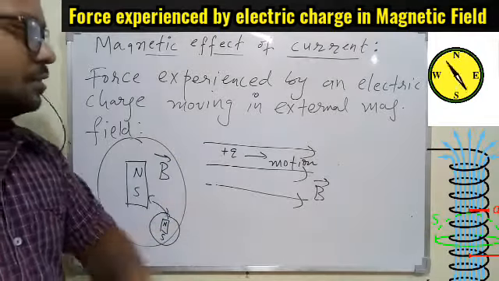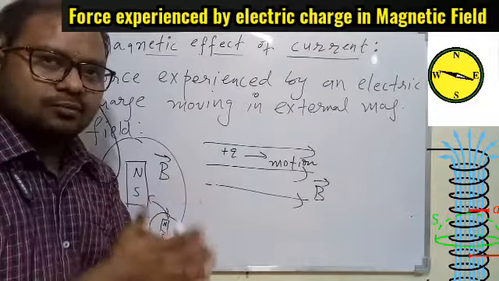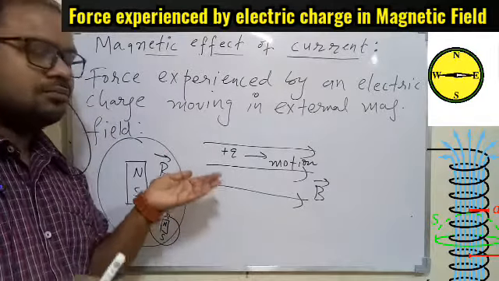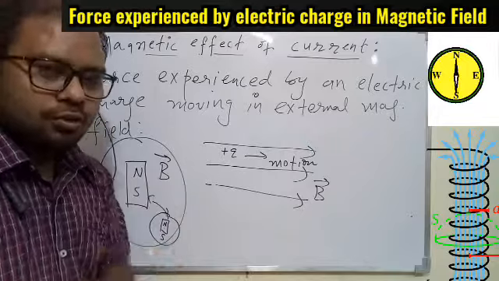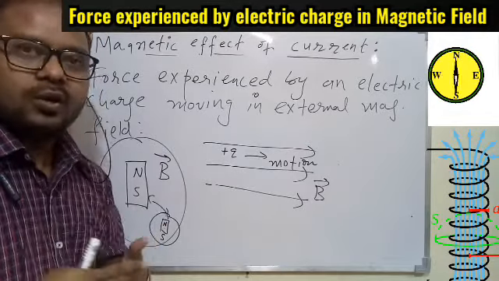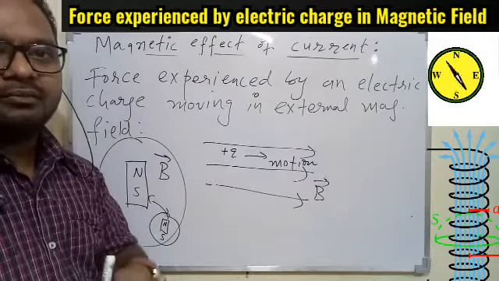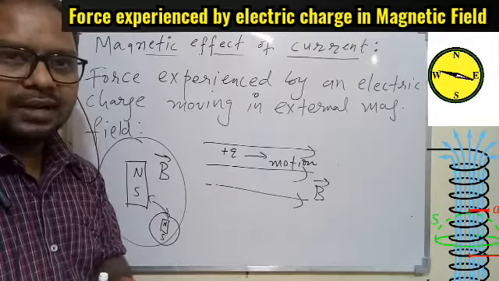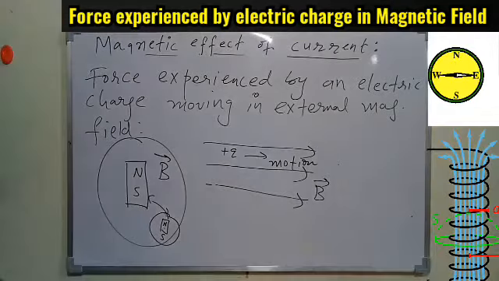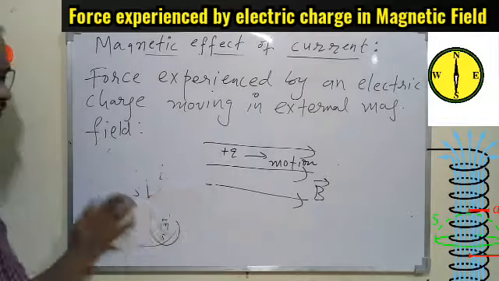In general we are going to understand the same concept: if a charge is in motion, it will get a force in the magnetic field. What will be that force? Minimum, maximum, in which case, and what are the different conditions that we have. This is the topic we have now.